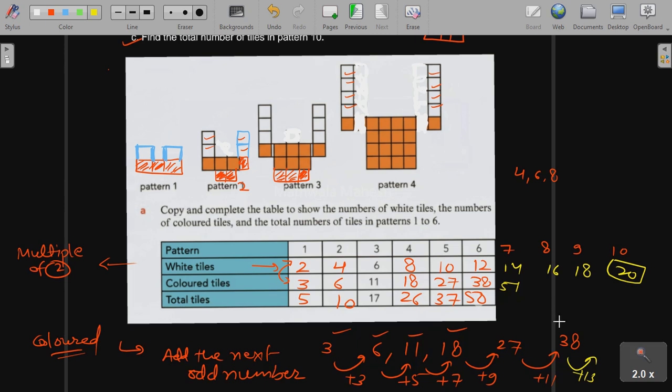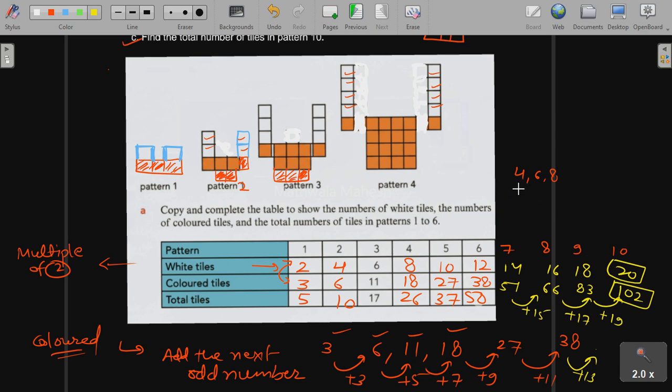So we get 51. If I add plus 15, 66, plus 17, 83. And if I add plus 19, I'll get 102. Okay, 102 plus 20.